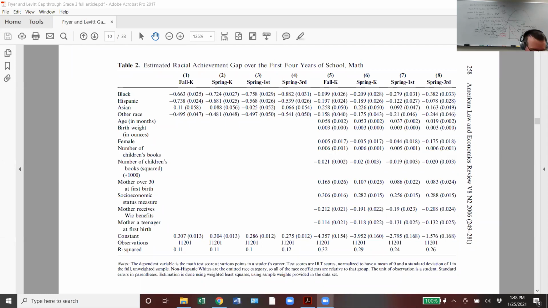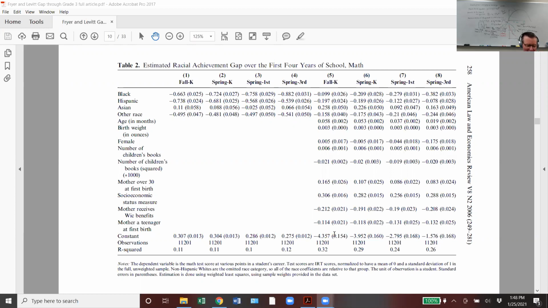So actually my first question on the assignment was how to interpret the minus 0.437 constant term. A lot of people properly said that it relates to whites, that's the omitted group. But then they said it relates to whites controlling for other variables in the regression.